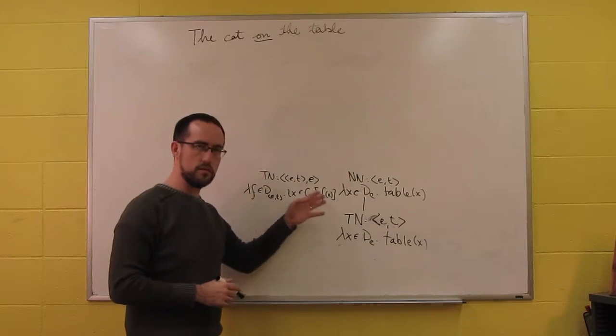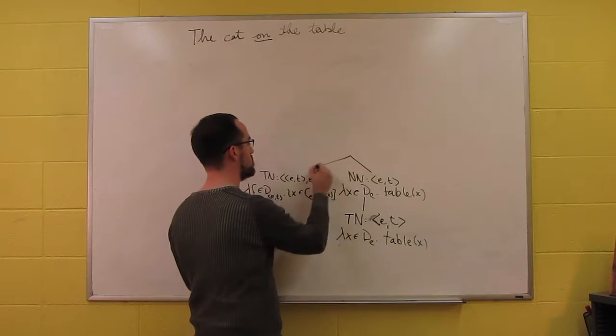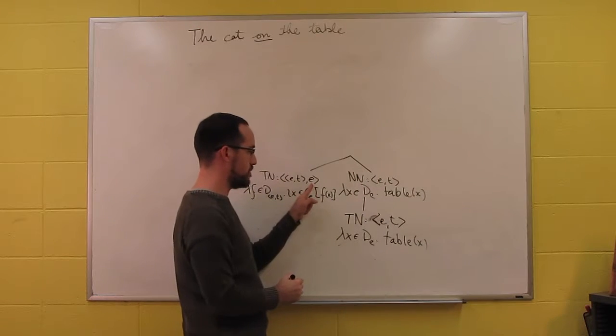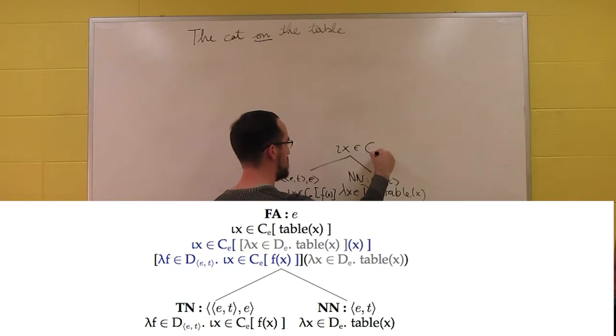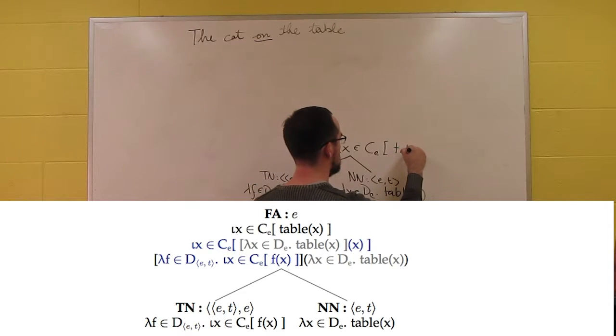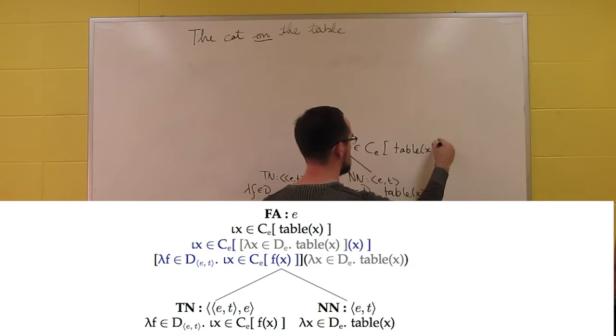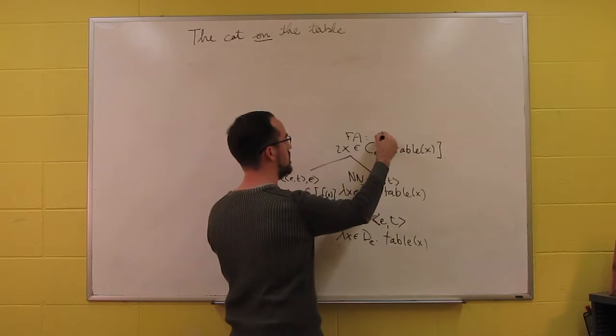And of course, we're leaving out the equals 1 bit. Now, these will combine to form something of type E. We'll skip the intermediate step, and we'll go straight to the last one for now. The table of X. And that employs functional application, and it's of type E.